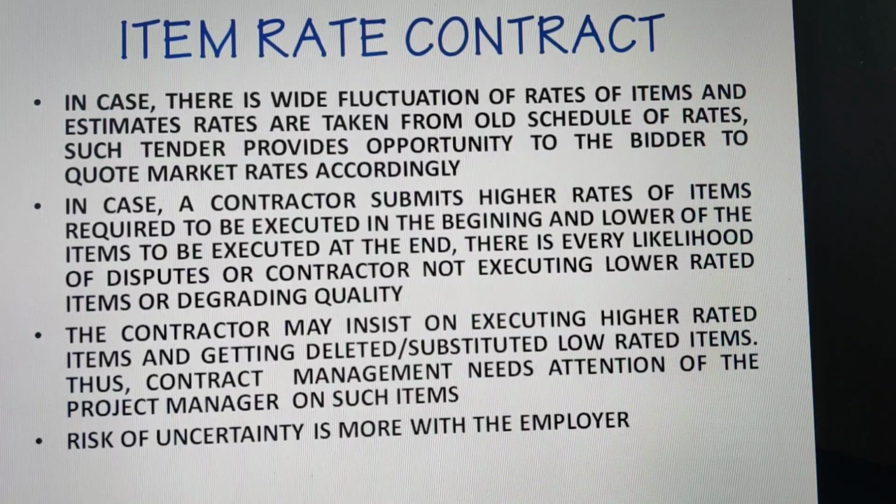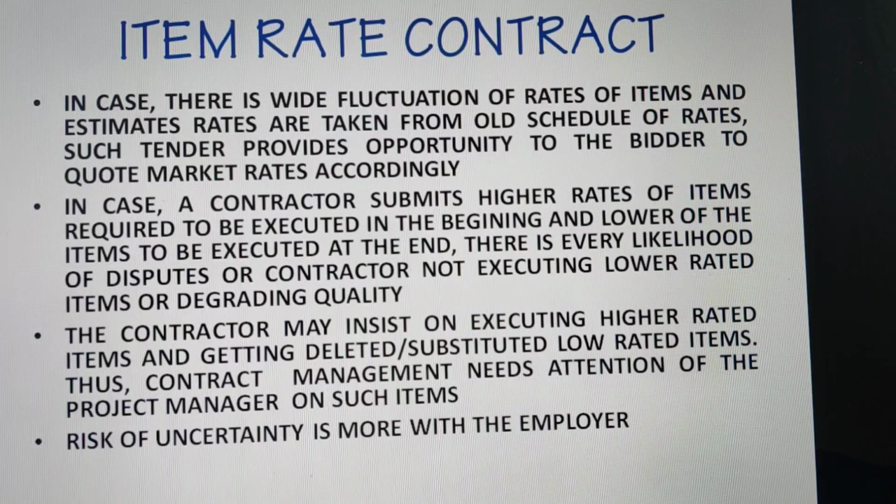In case a contractor submits higher rates for items required to be executed in the beginning and lower rates for the items to be executed at the end, there is every likelihood of disputes, because he already receives higher payment for the higher rated items, and then he may like to leave the work at the end.